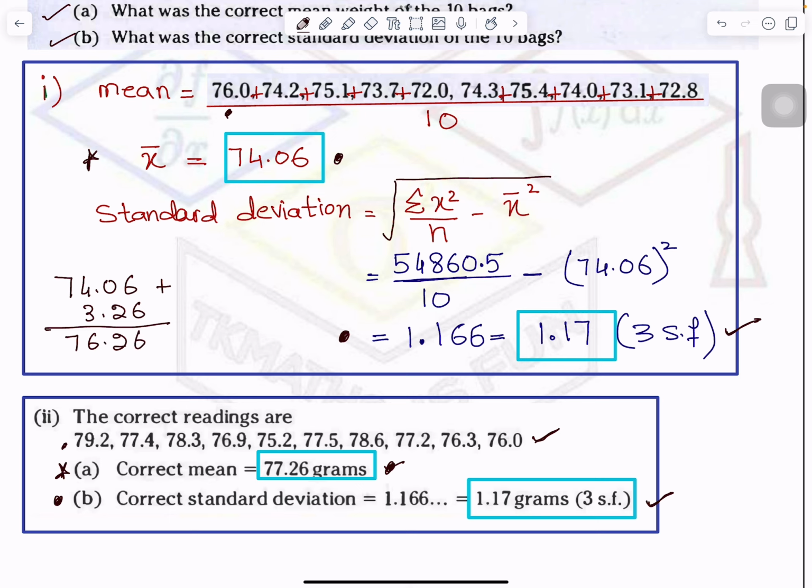So what did you notice? If you know the mean and you have to find the new mean because of the correction, you just need to add or subtract that value, depending on the scale, and that's all. So to get a new mean, you just needed to add here. If we had subtracted from the data, then we would subtract it from the mean.